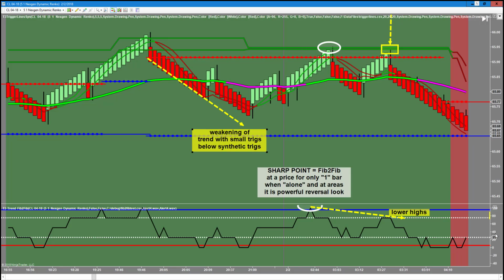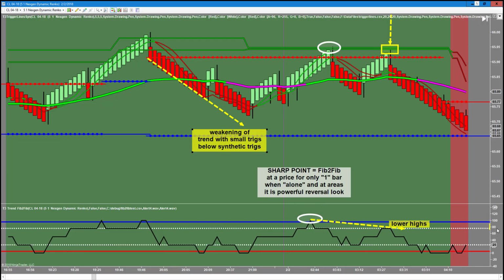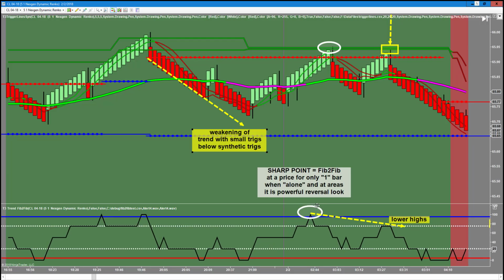And you'll see another pattern that happens a lot in our fib to fib oscillator, which is a sharp point. And all that really means is that the fib to fib oscillator was at 100 or 75 for only one bar. And it makes what very visibly looks like a sharp point on your oscillator.